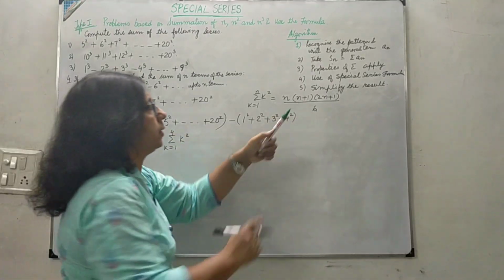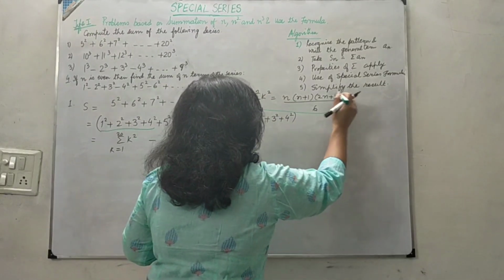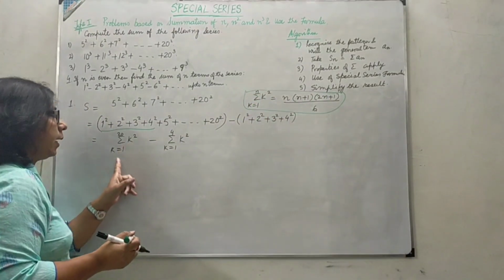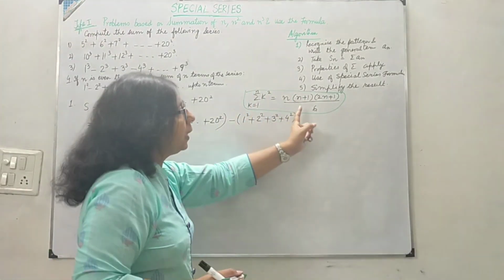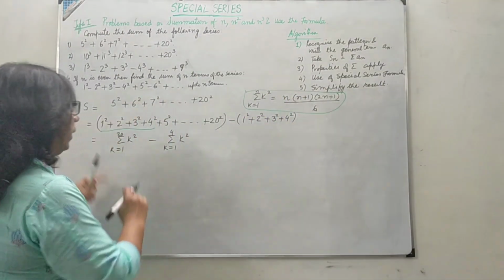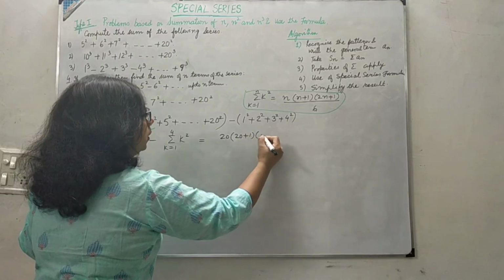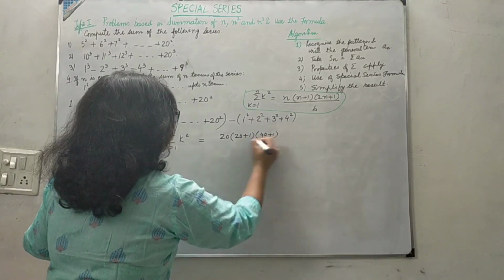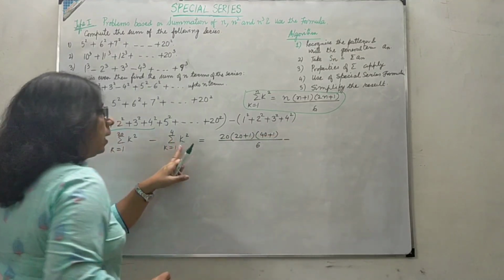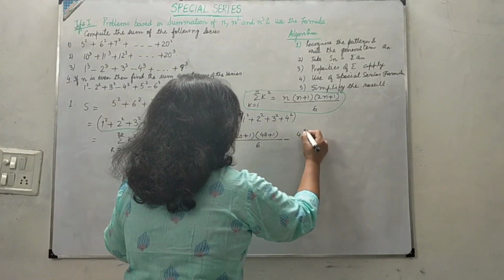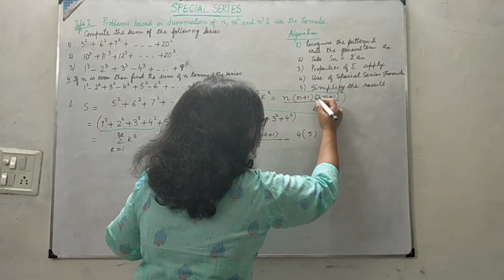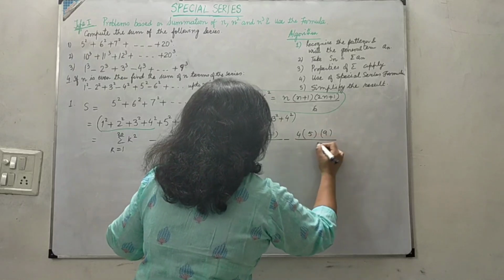Now, if I apply this formula over here, when k is running from 1 to 20, I have to replace n by 20. So this will be 20 into 20 plus 1 into 40 plus 1 by 6, minus, and in this I will replace n by 4: 4 into 5 into 9 by 6.